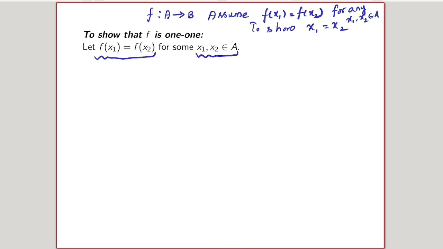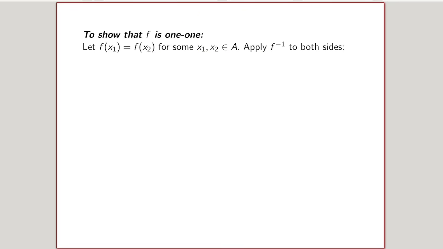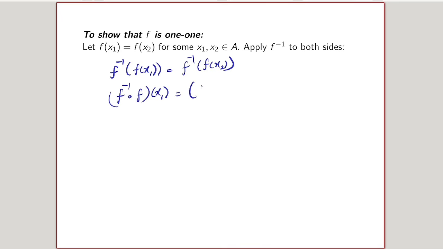Now since I am having f inverse in hand, we are going to apply f inverse to both the sides. So we are going to take f inverse of f of x1 equal to f inverse of f of x2. Now here we can apply the composition definition. So it is f inverse composition f of x1 equal to f inverse composition f of x2.